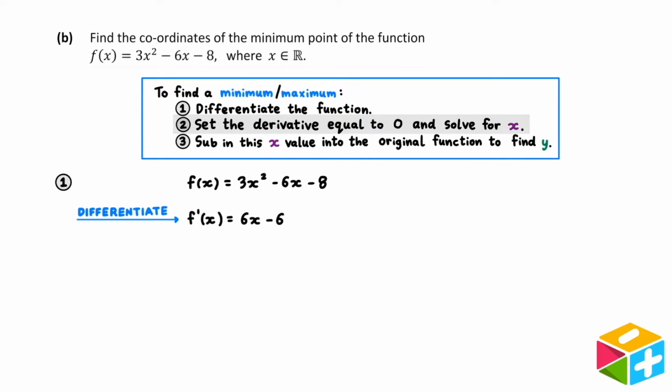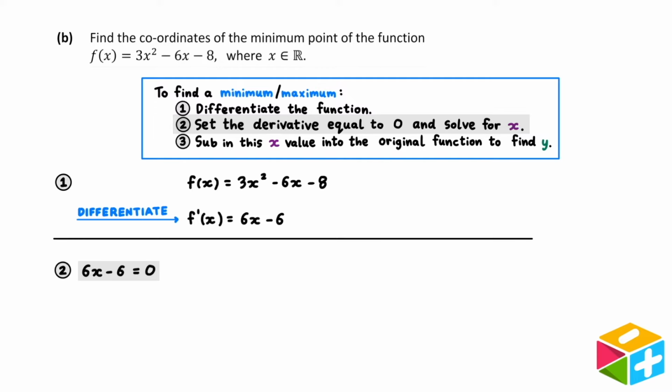Now for step 2. We must take this derivative we just found, set it equal to 0 and solve for x. Our derivative is 6x minus 6. Setting this equal to 0 yields the equation 6x minus 6 is equal to 0. From here, we can do a bit of algebra to find x.